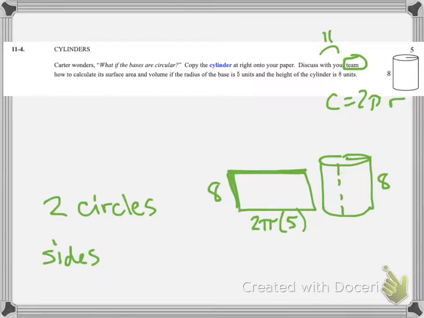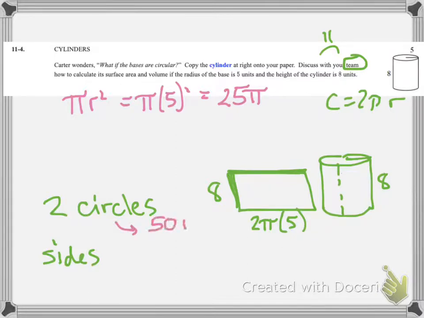and we're going to find the area of each. So the area of one of the circles is pi r squared, which is pi times 5 squared, which is 25 pi. And we have two of those, so that's going to be 50 pi for the circles, the top and the bottom.